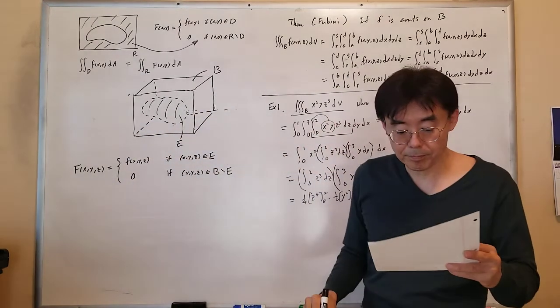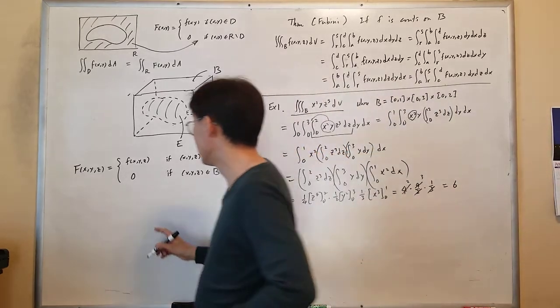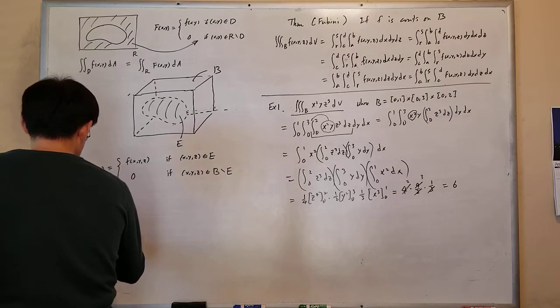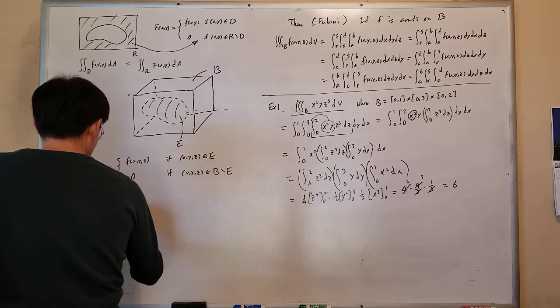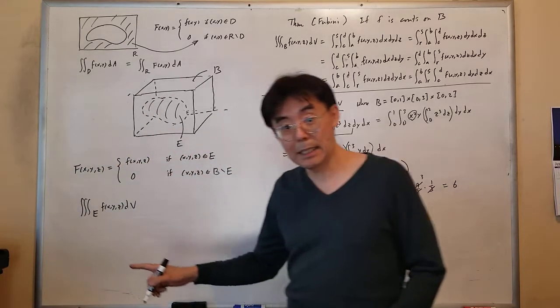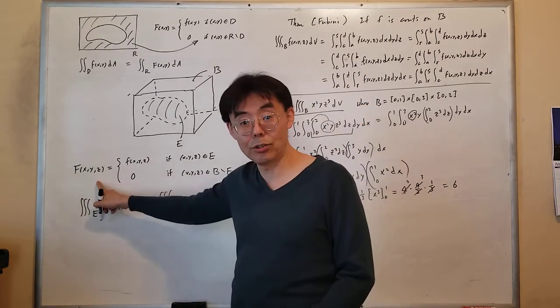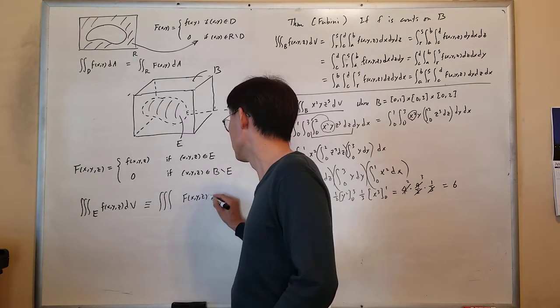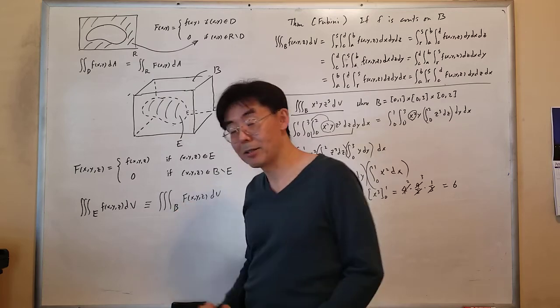Okay? Then the triple integral of the original function on the original domain E is defined as the triple integral of the extension of the function over a bigger box.